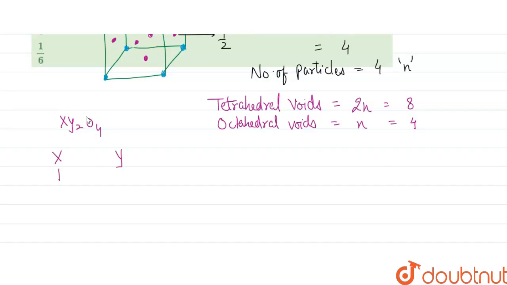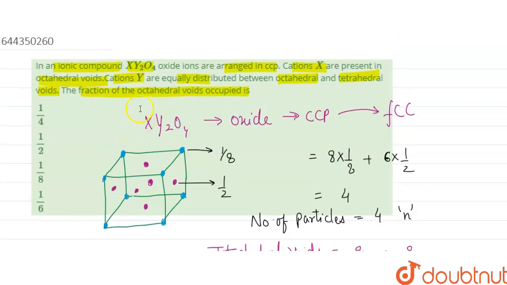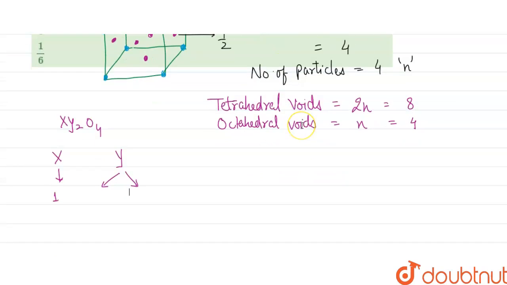Now the stoichiometry of X is 1, and the stoichiometry of Y is 2, but the question says cation Y is equally distributed between octahedral and tetrahedral void. So 2 is the stoichiometry of Y, so 1 and 1.